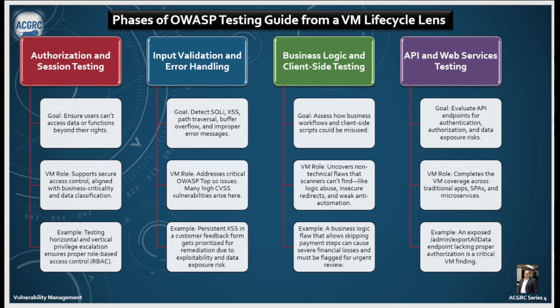Well, common vulnerabilities tested at this phase are broken access control, where users can access data or functions they shouldn't. It also tests insecure session ID generation, where an attacker can guess or brute force a valid session token. It also tests for session fixation, where the attacker forces users to use a preset session ID.